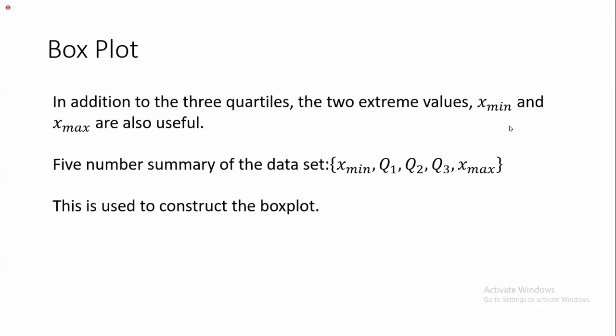One measure is minimum value of the data set and the maximum value of the data set, and those 3 quartiles of the particular data set.